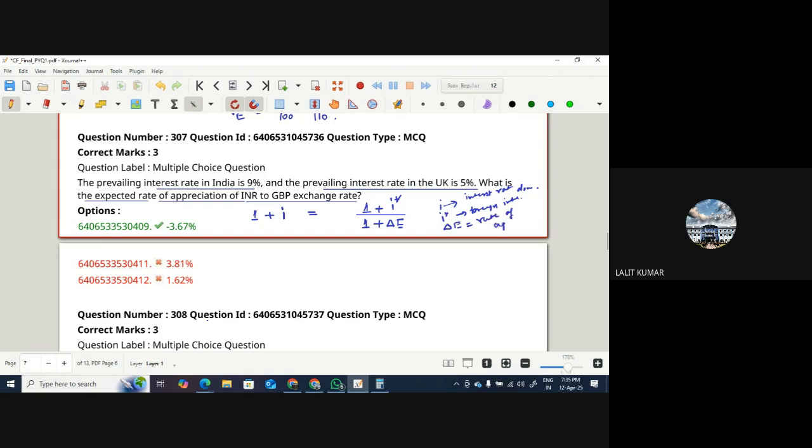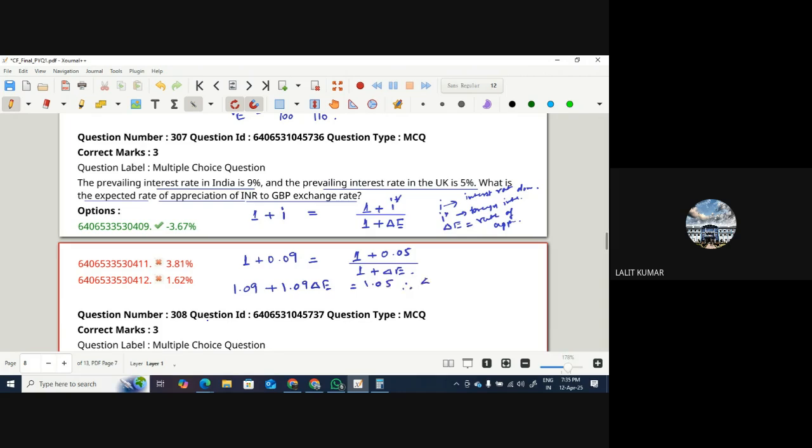So this will become 1 plus 0.09 over 1 plus 0.05 equals 1 plus delta E. So open this and you get 1.09 plus 1.09 delta E equal to 1.05.